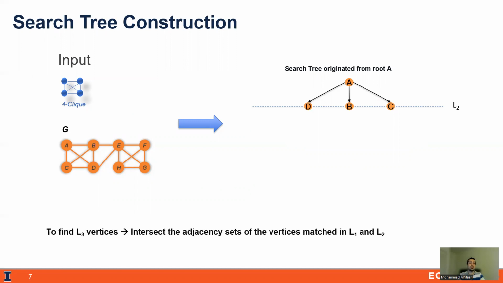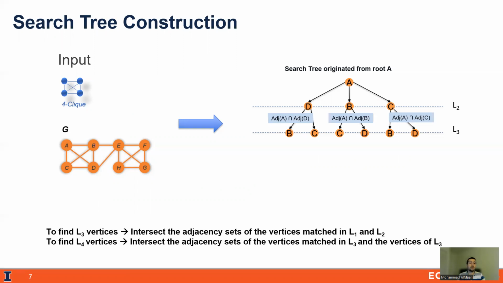Next, to find the third level, we need to do an operation called set intersection between the adjacency lists of the vertices matched in level 1, which is A in this case, and the vertices of level 2, to find L3, or the vertices of level 3.